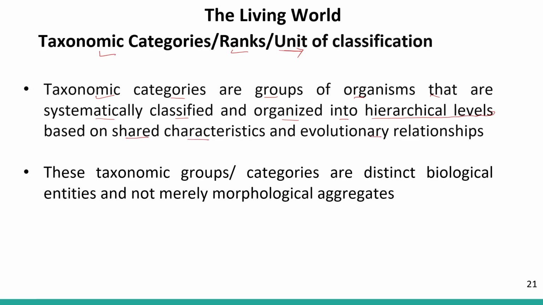This is known as a taxonomic group. Now these taxonomic groups or categories are distinct biological entities and not merely morphological aggregates. What does this mean? This means that taxonomic groups or categories are distinct biological entities.